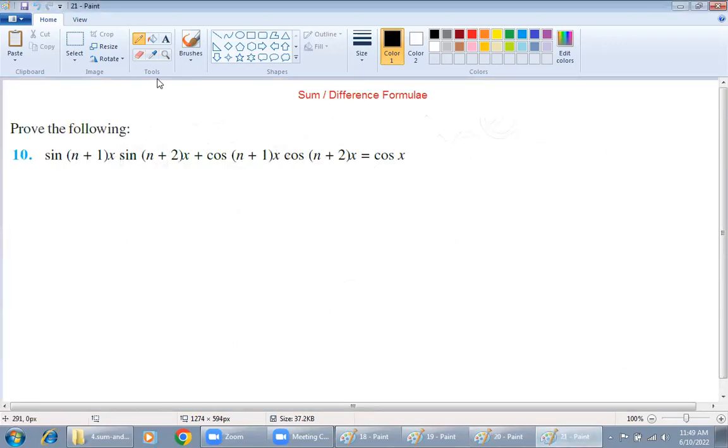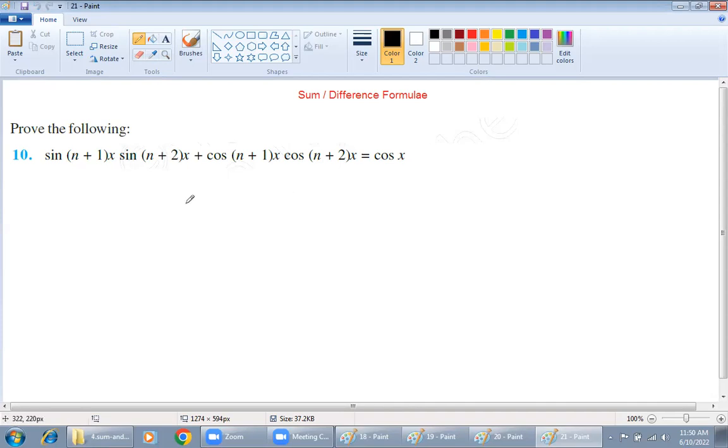Prove the following. Sine of n plus 1 x into sine of n plus 2 x plus cos of n plus 1 x into cos of n plus 2 x is equal to cos x.